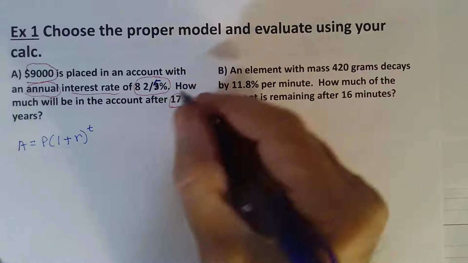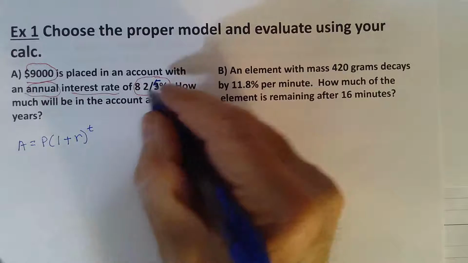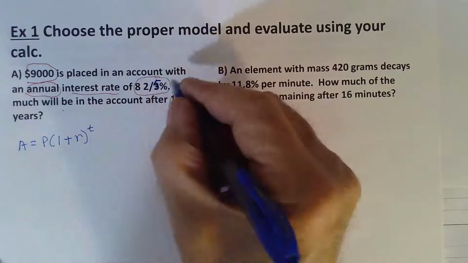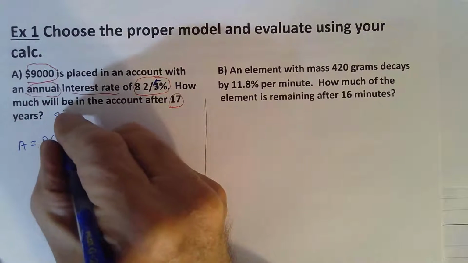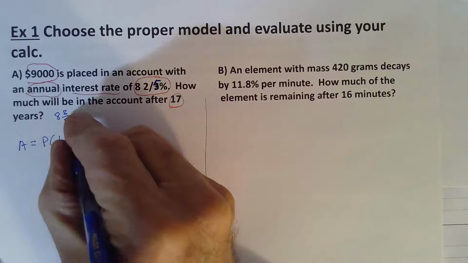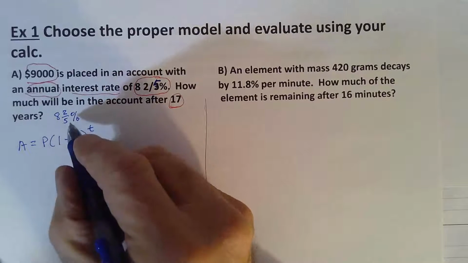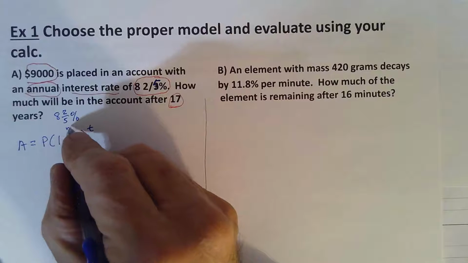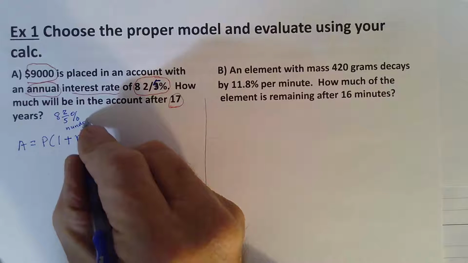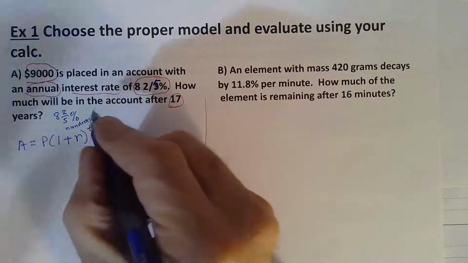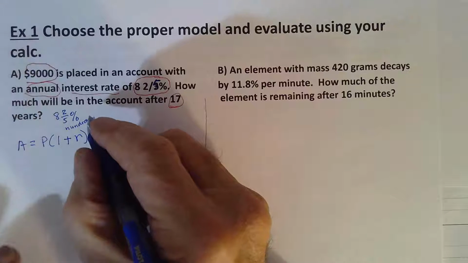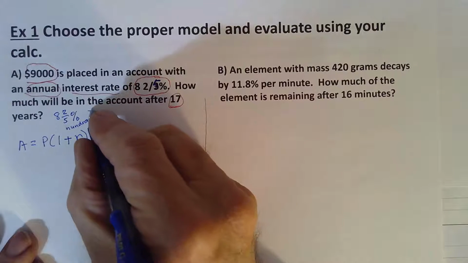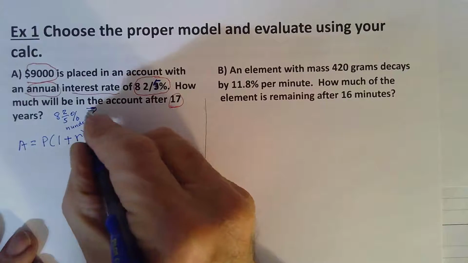And the interest rate is 8 2/3, so 8 2/5%. So again, we want to use hundredths. Percent means hundredths. So that's going to convert over, well, let's see what it'll convert to.